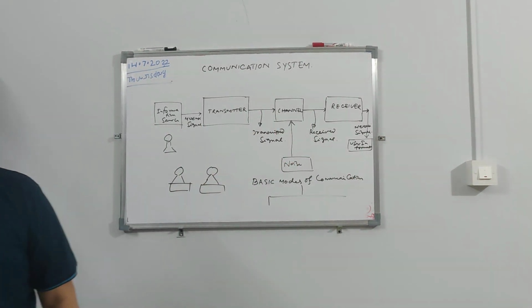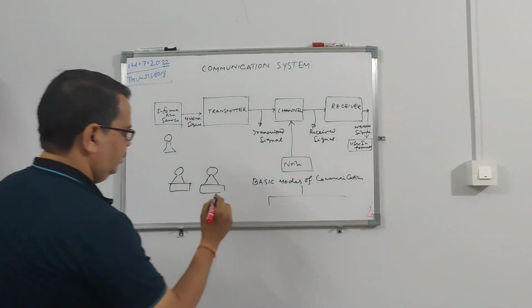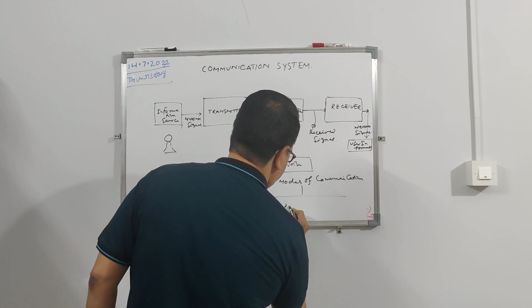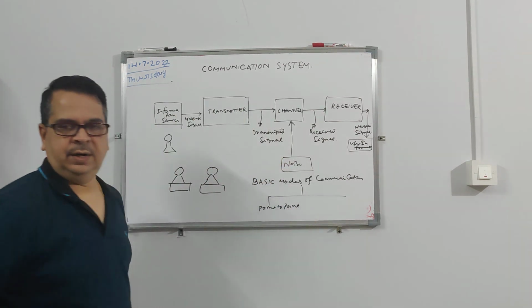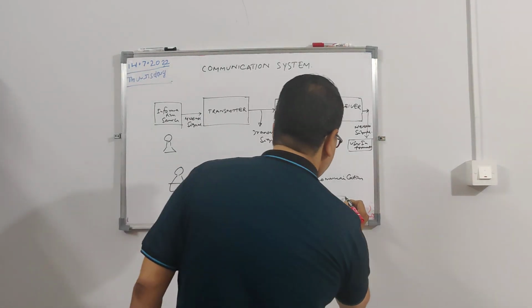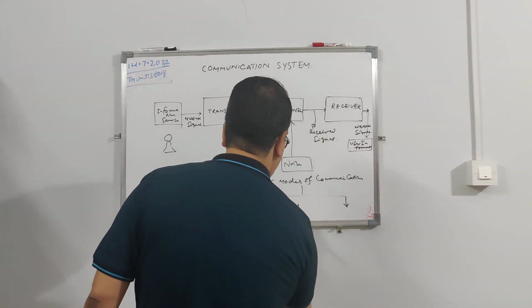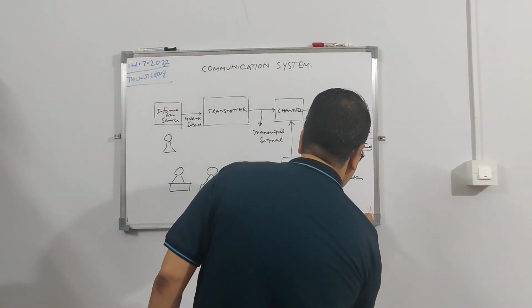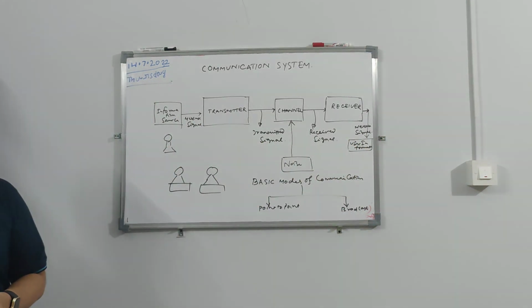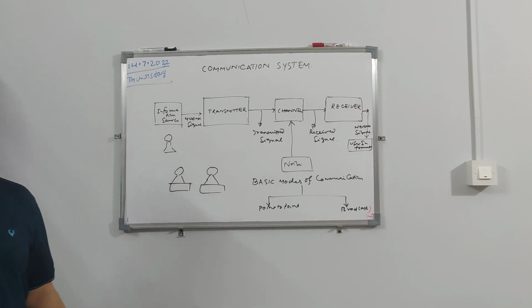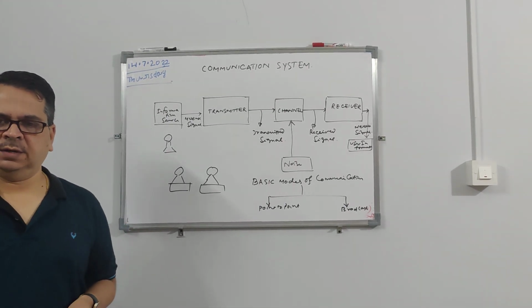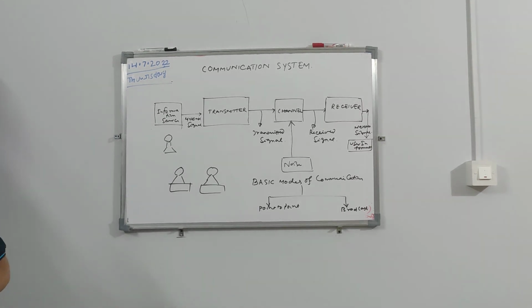One is point to point, and another is broadcast. Point to point is your telephone. I am talking from here, someone is listening there. From one point to another point, that is point to point communication.